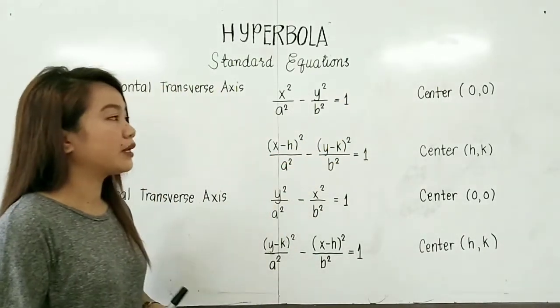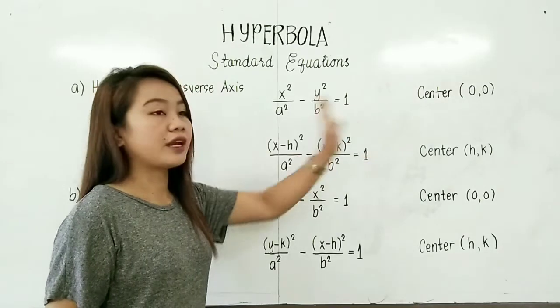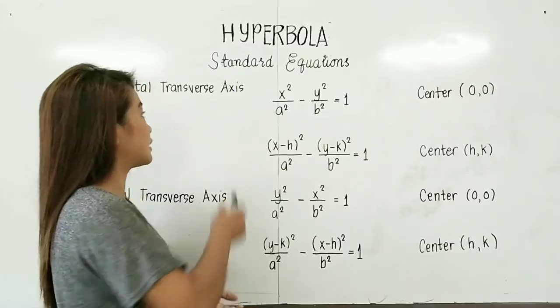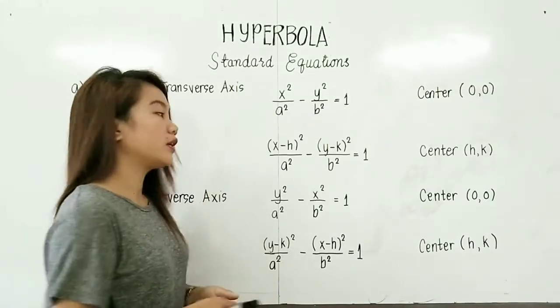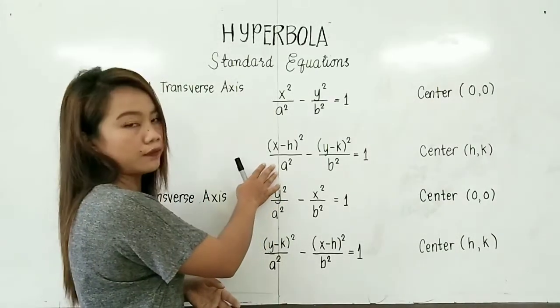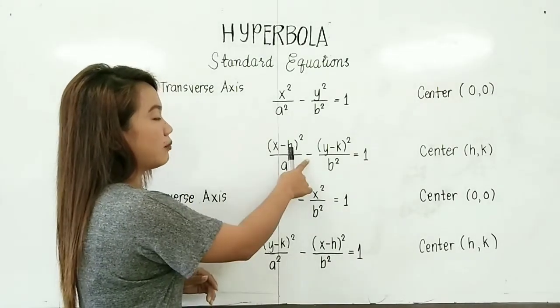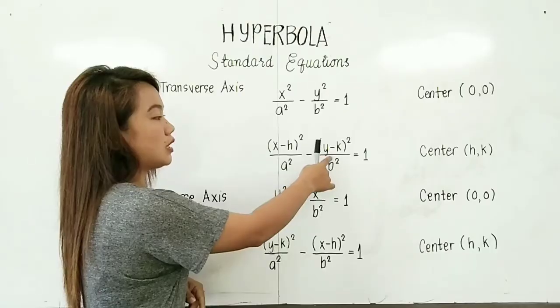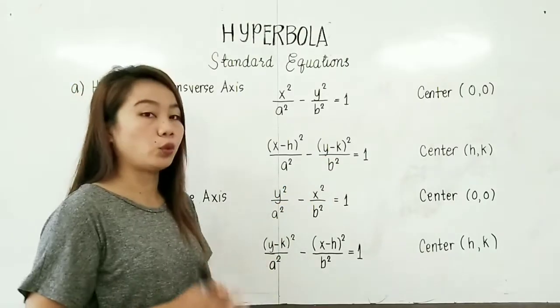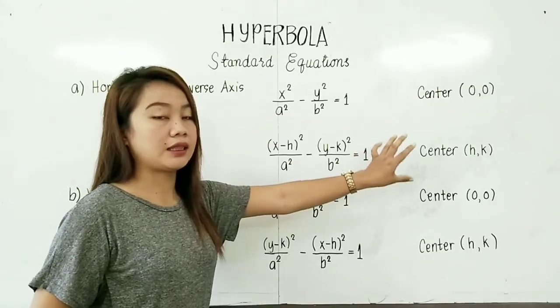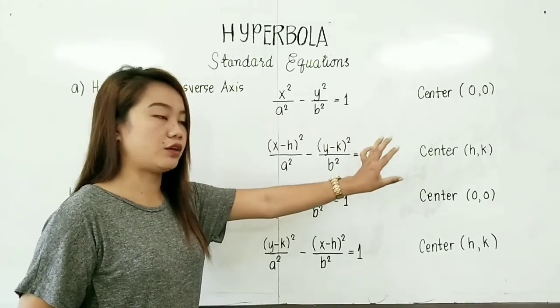On the other hand, if the center of a hyperbola is not at the origin anymore and its transverse axis is still horizontal, the equation is this one: quantity x minus h squared over a squared minus quantity y minus k squared over b squared is equal to 1. Again, that is if the center is at (h, k), or not at the origin.